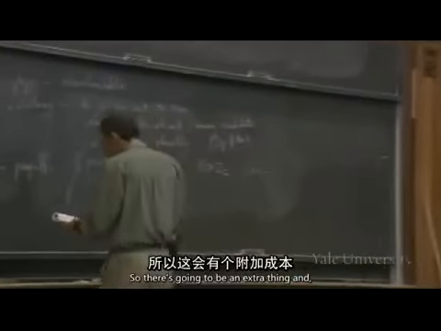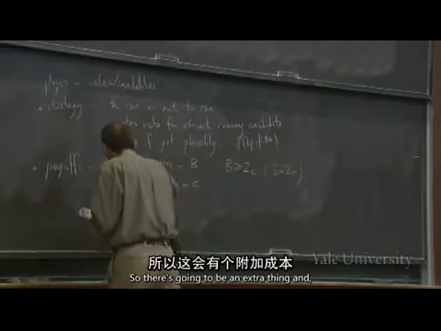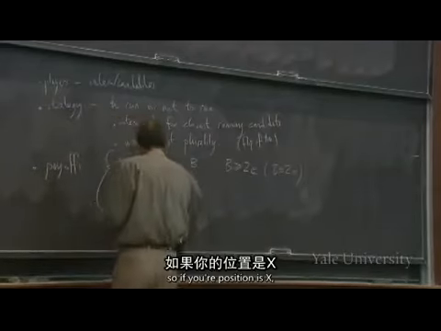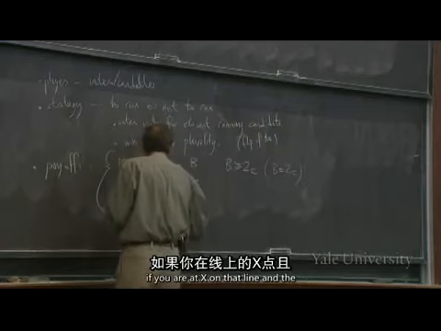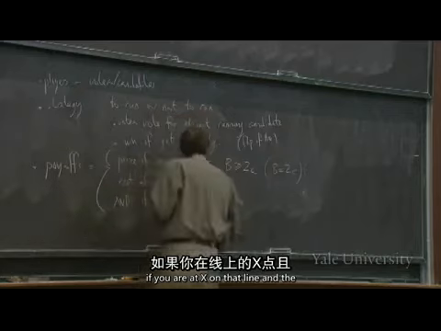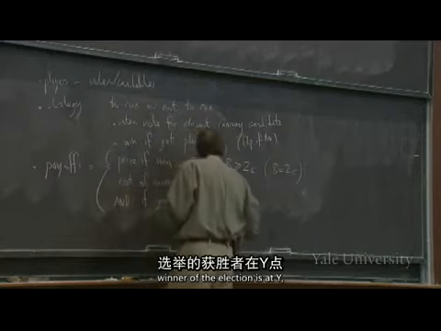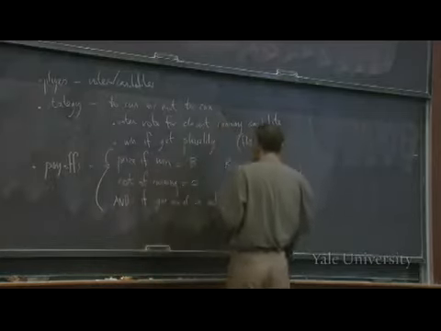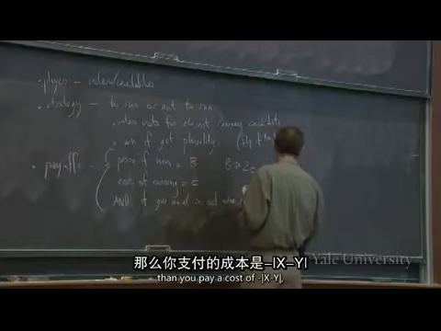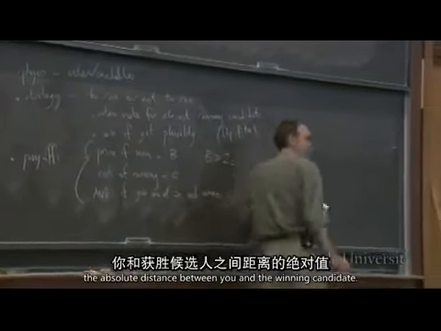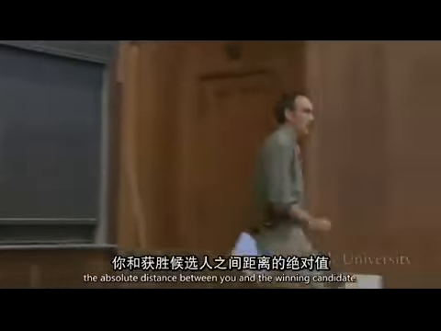So there's going to be an extra thing. If your position is x on that line, and the winner of the election is at y, then you pay a cost of minus the absolute value of x minus y, the distance between you and the winning candidate.